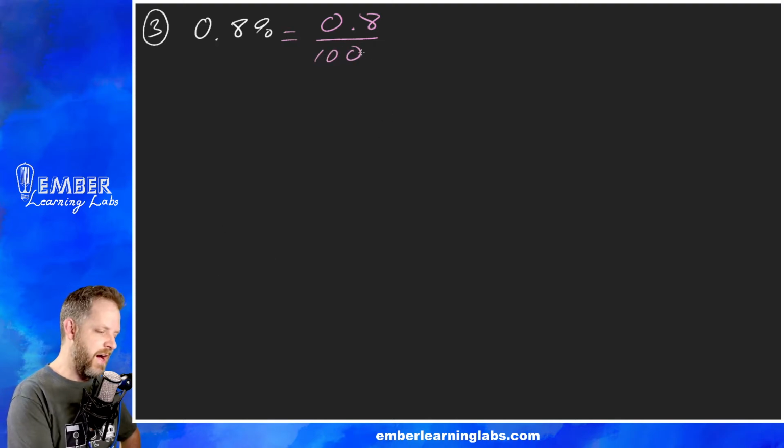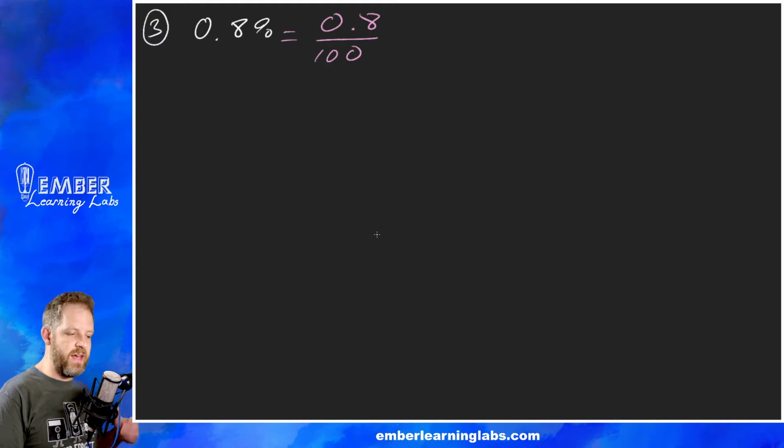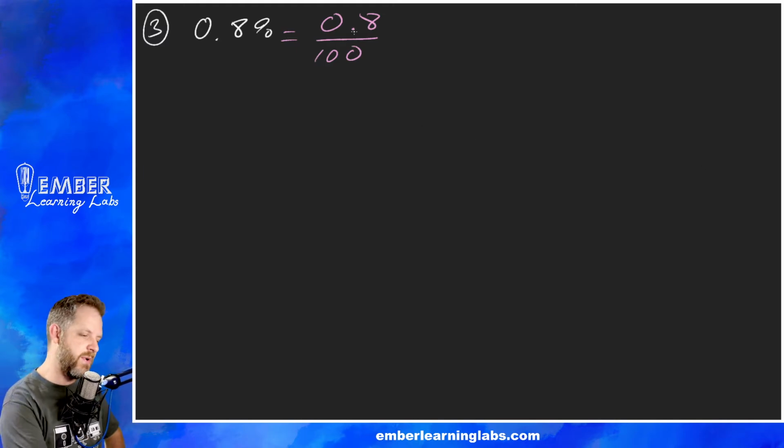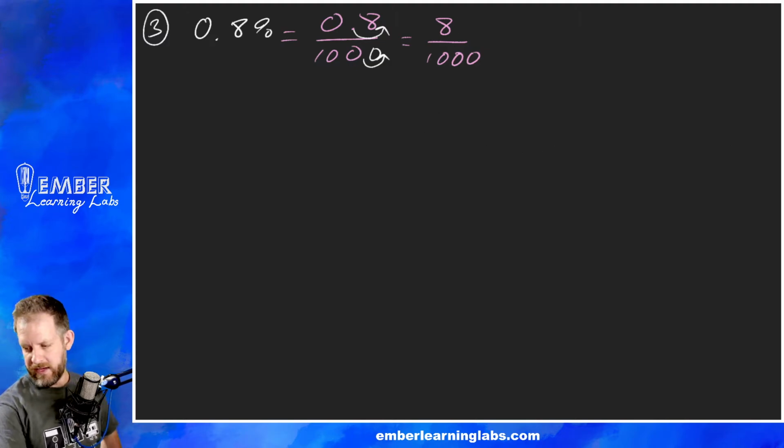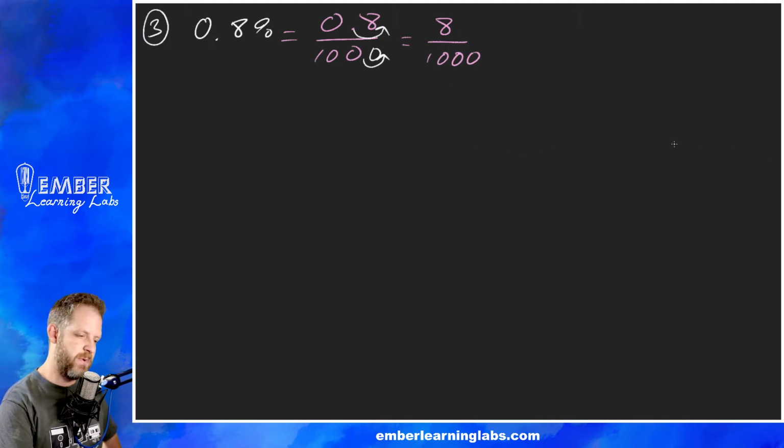Now, to get rid of that decimal on the top, just like we did last time, we're going to move the decimal over one place. And then we end up with 8 over 1,000. Those both reduce by 8. Believe it or not, we can reduce those by 8, because 8 divided by 8, of course, is 1.